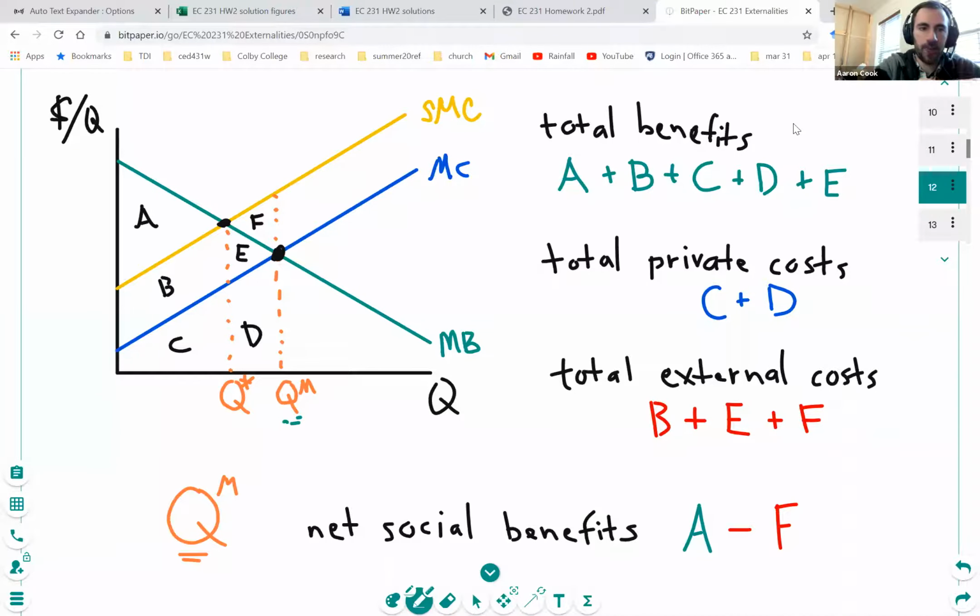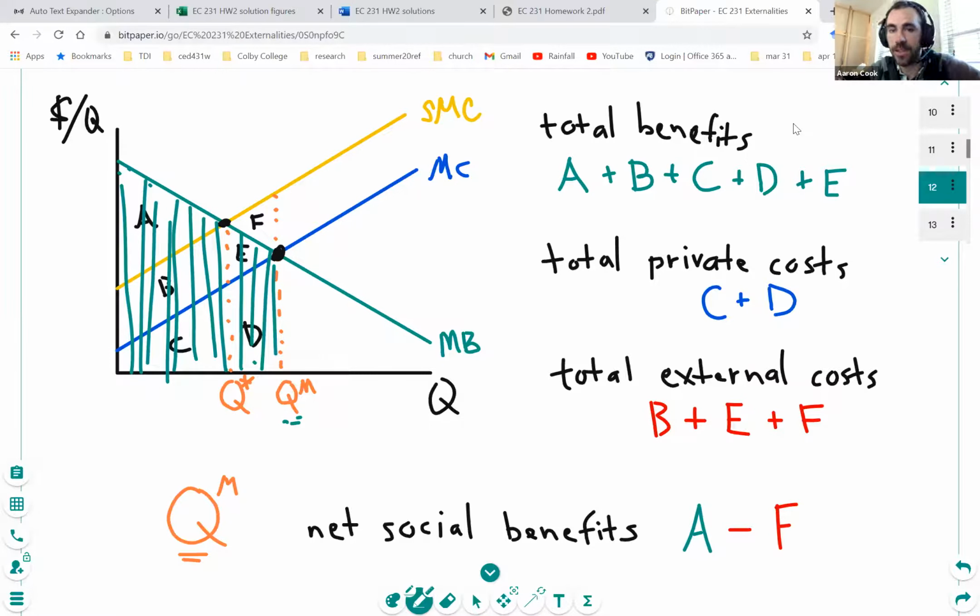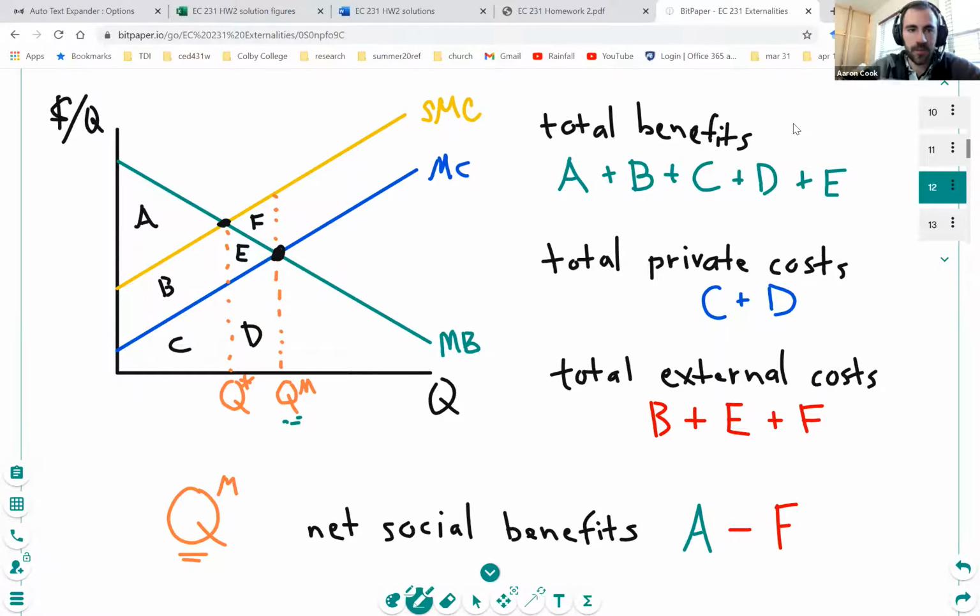We saw that under that regime of market equilibrium production, the total benefits of that production would equal that trapezoid, A plus B plus C plus D plus E. We saw that the total private costs there were going to be equal to C plus D, so that's going to be the area underneath the entire supply curve up to QM.